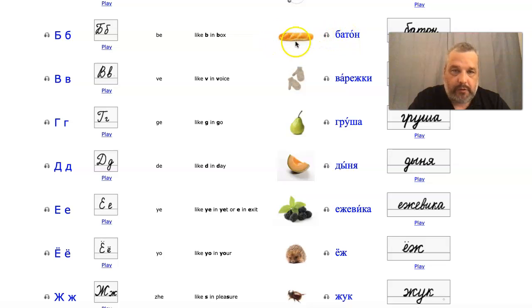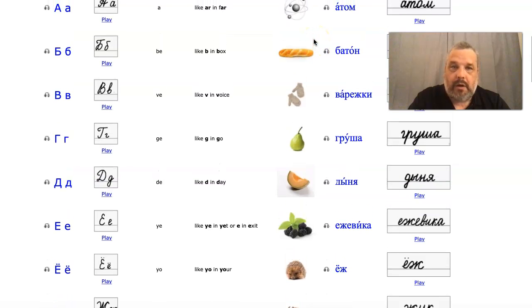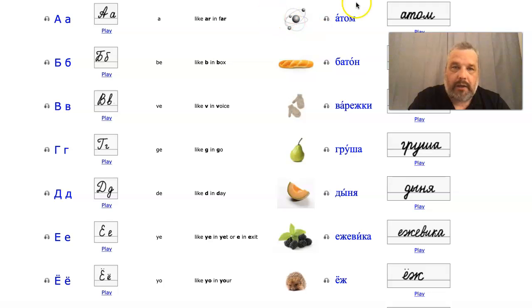This is very stereotypical Russian bread. It reminds people of baguettes in France. That's where they got it from, actually. And then like atom, A-T-O-M, atom. Okay, M, A-T-O-M, B-A-T-O-N, Varezhki, Grusha, Dinya, Yezhevika, Yoj.